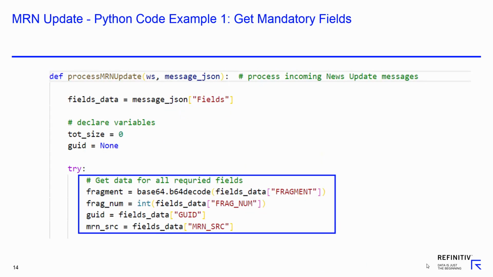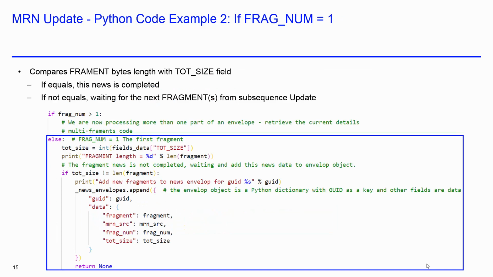The first step is that the application gets mandatory fields from the update message. You can see that the application uses the Python base64 module to decode the fragment field. Next, check the FRAGNUM value. If the FRAGNUM value is equal to 1, it means this is the first fragment of this news item.